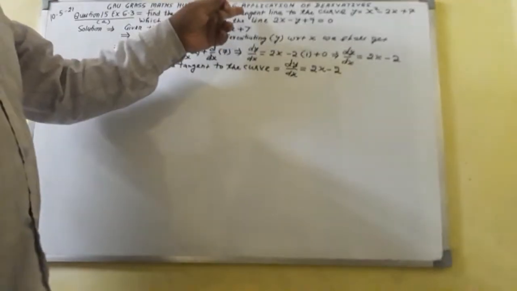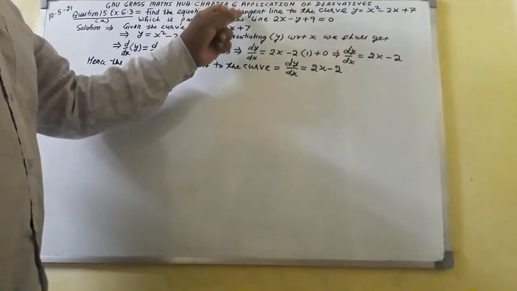This thing you have got for the tangent line to the curve: the slope of the tangent to the curve is 2x minus 2.